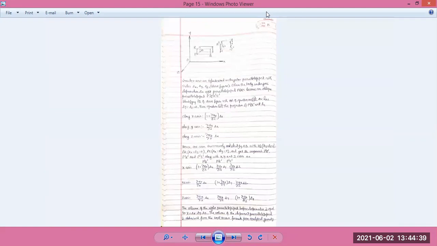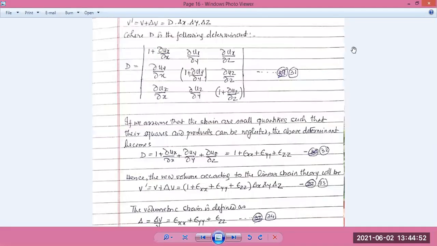So the final volume V dash, which is V plus delta V, is equal to D multiplied by the original volume, delta x, delta y, delta z, where D is the following determinant or matrix.